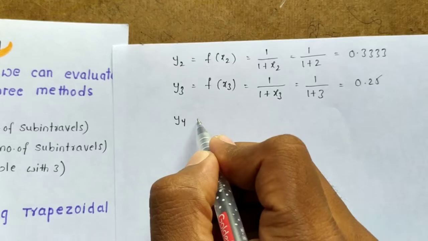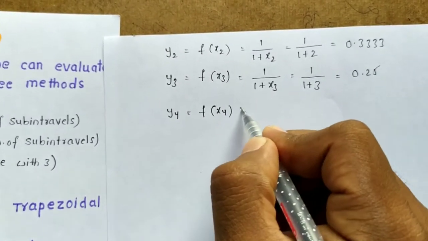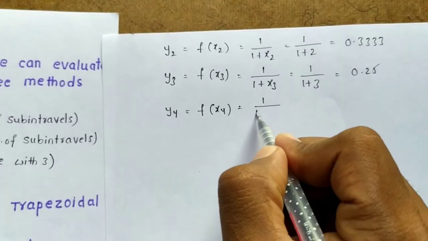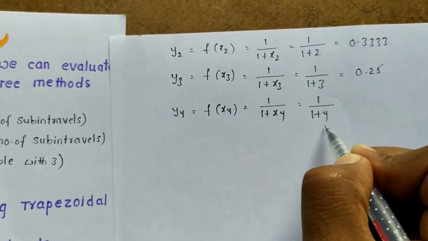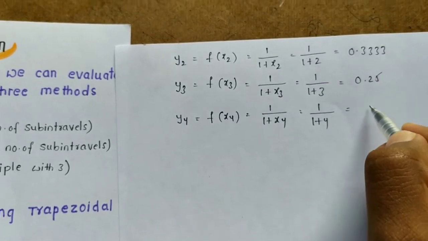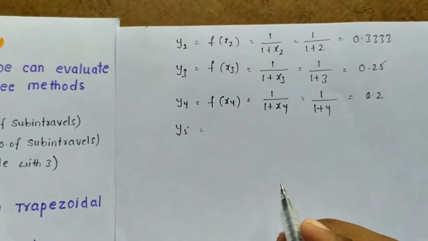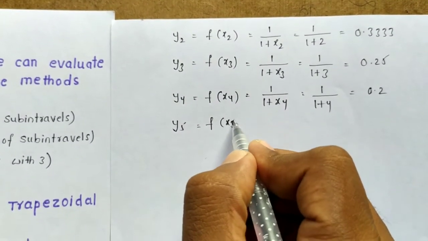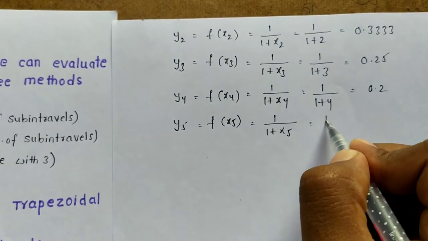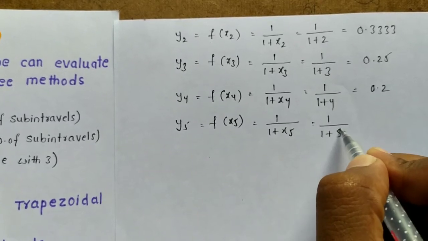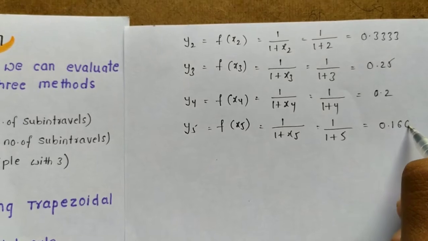Similarly find the value of y4, f of x4, which is 1 by 1 plus 4. Here the value is 0.2. And y5 is f of x5, 1 by 1 plus 5, and you can get the value 0.166.